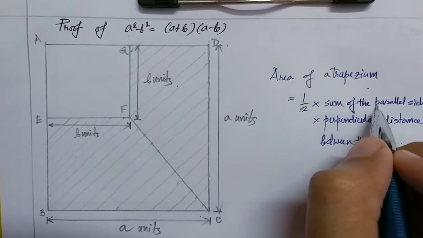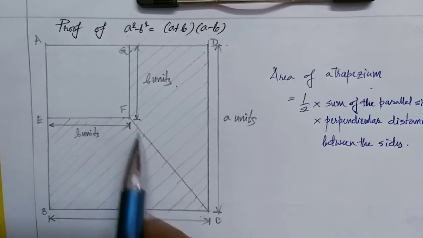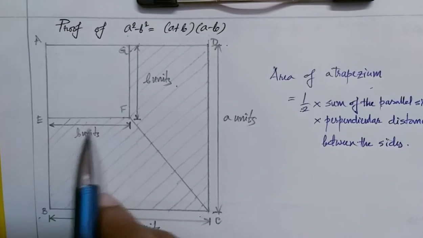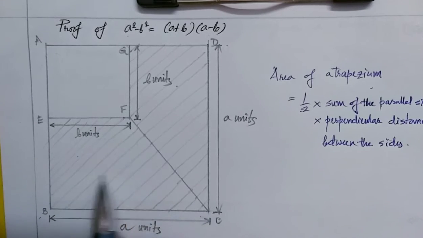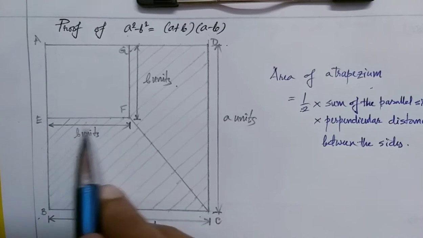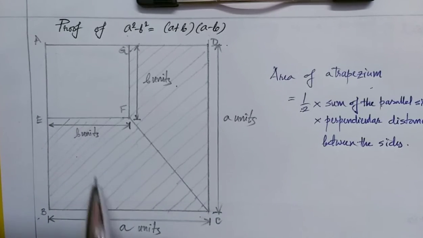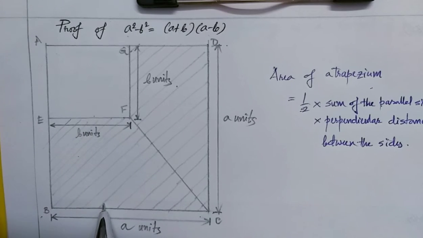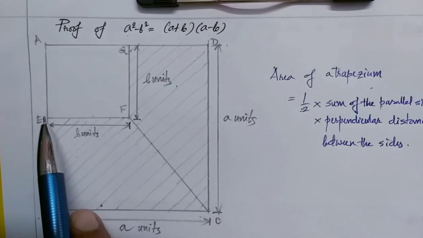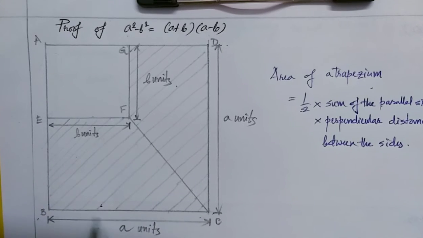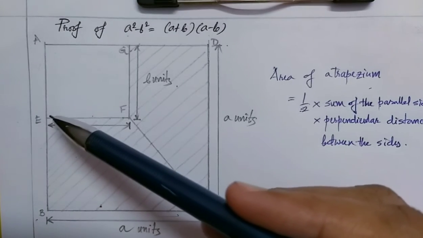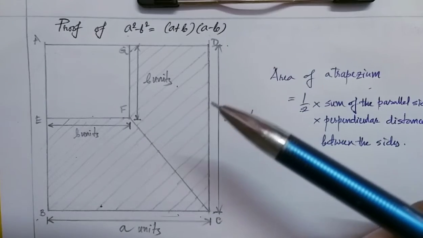Say we are talking about this trapezium EBCF. For this trapezium, the area will be half into the sum of this side and this side, which are parallel, multiplied by the perpendicular distance between these two sides. Between this side and this side there are infinite distances possible, but we have to choose only the perpendicular one; not any distance will do.